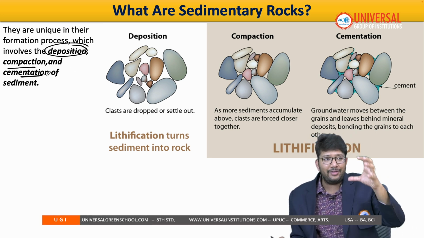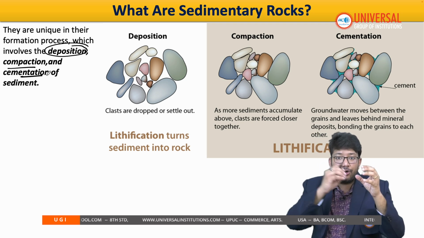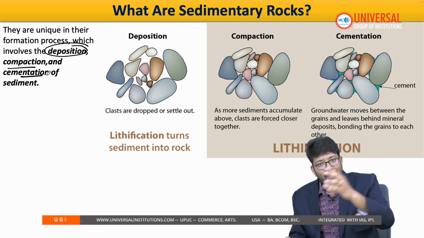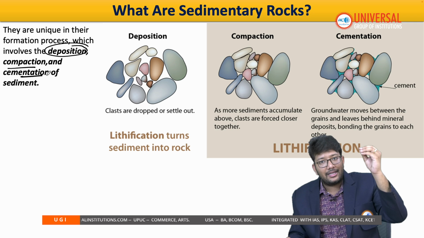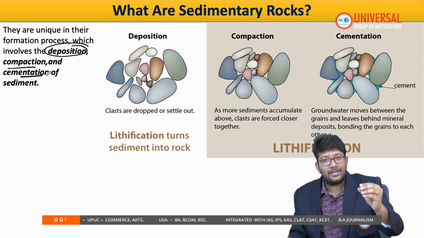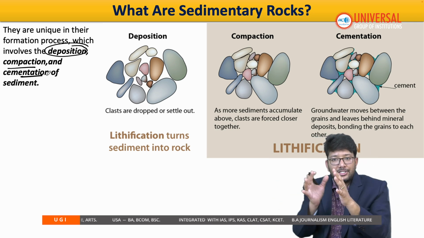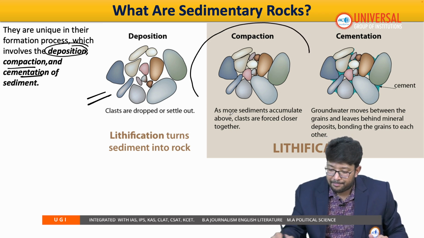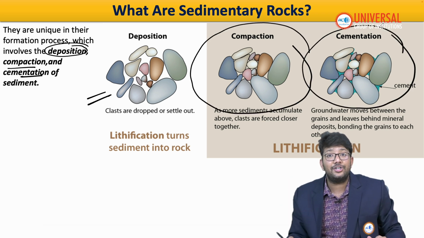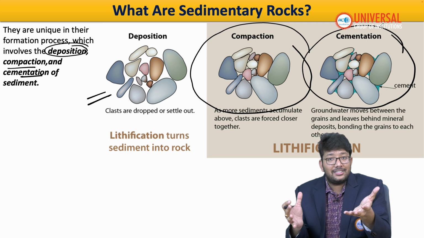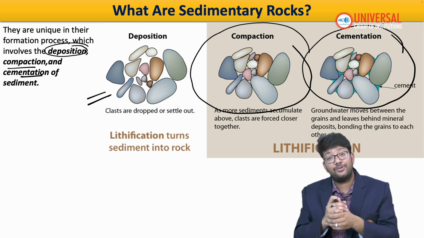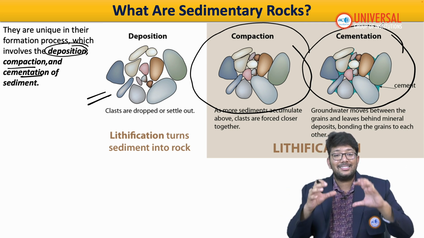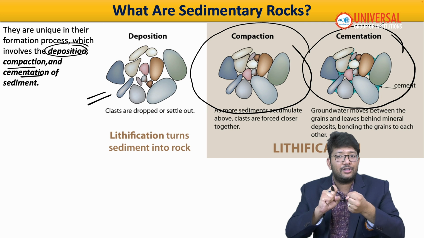So basically, if igneous rock is weathered and eroded, the debris will be transported, and then deposition happens. When deposition happens, compaction happens. So this is deposition, this is compaction, and this is cementation. What is cement? Generally we use cement for construction purposes. So cement means binding something together.